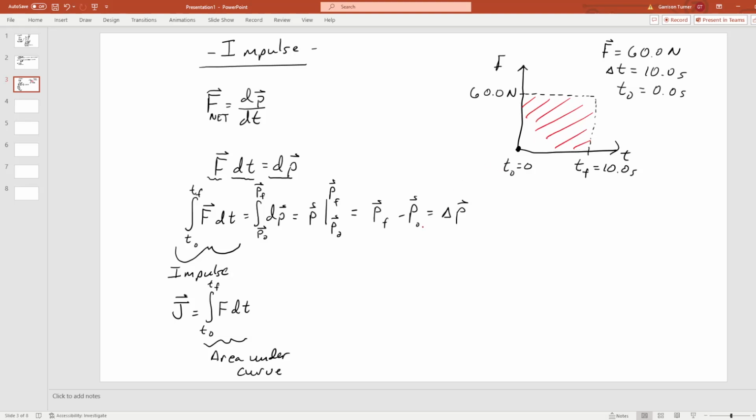This area is going to have a width of 10 seconds and a height of 60 newtons. So this gets 600 newton seconds.